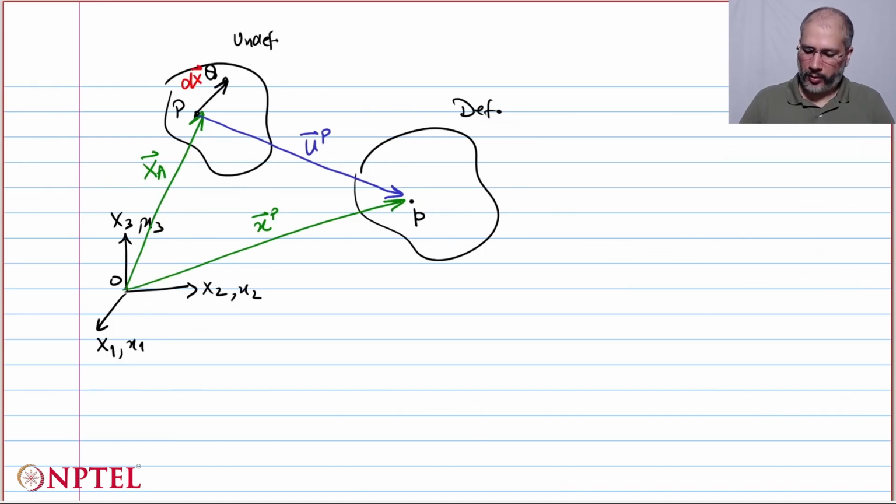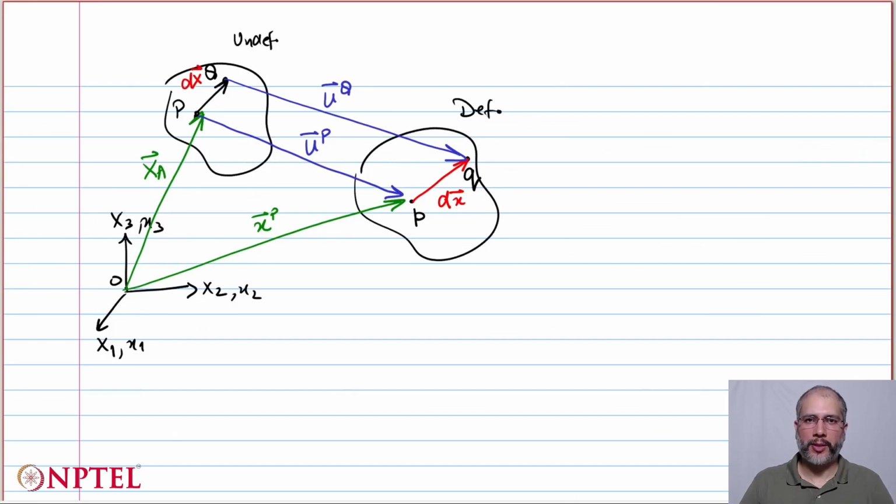And then we have a small q as well, which is the point Q in the deformed configuration. And this vector from small p to small q is the dx vector. And the displacement of q is written as u^Q.